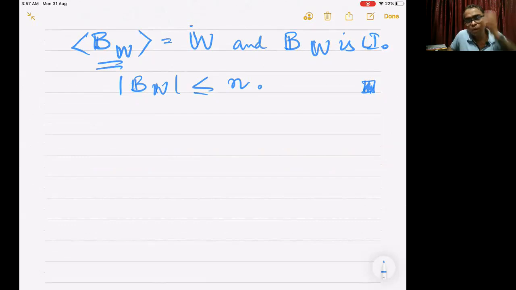Okay, that is how we extend the basis. Now, some immediate consequences of this idea would be, let us see.